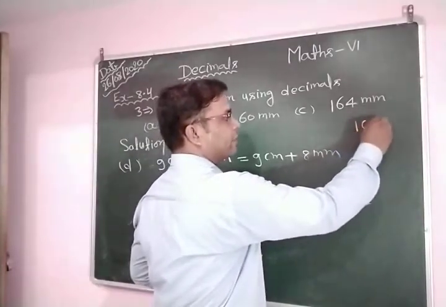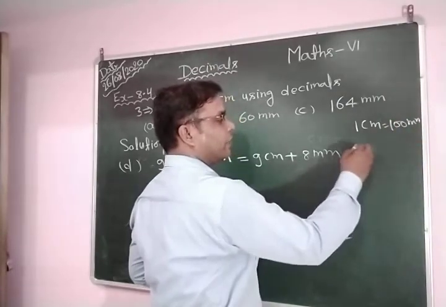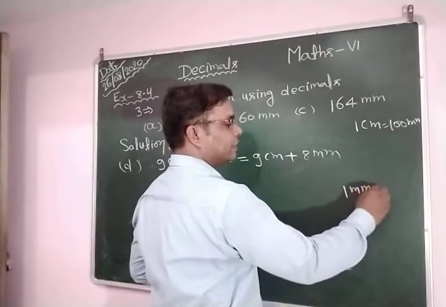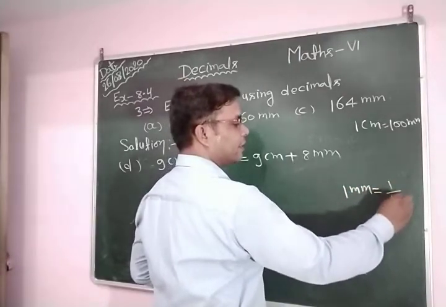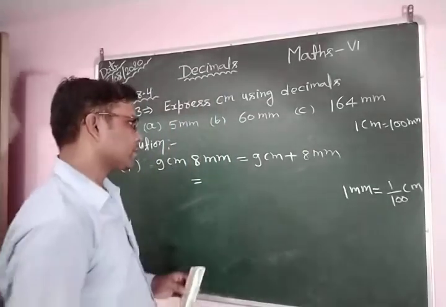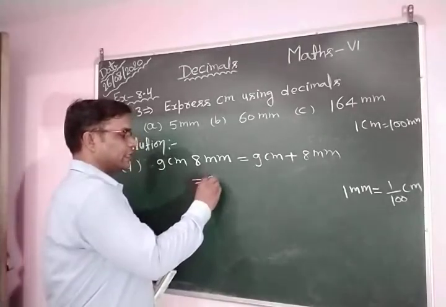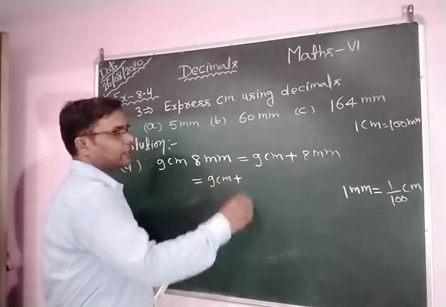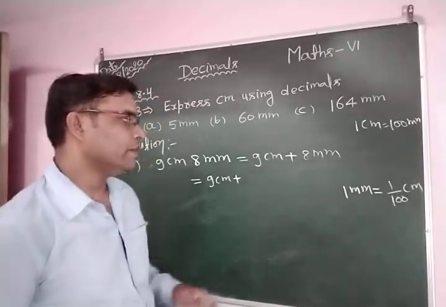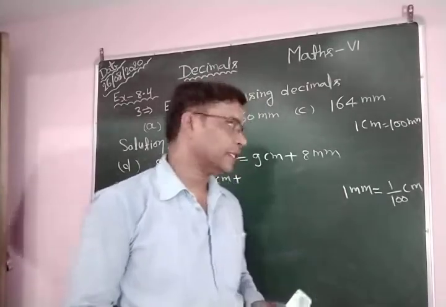1 centimeter is equal to 100 millimeters, or you can write 1 millimeter is equal to 1 by 100 centimeter.